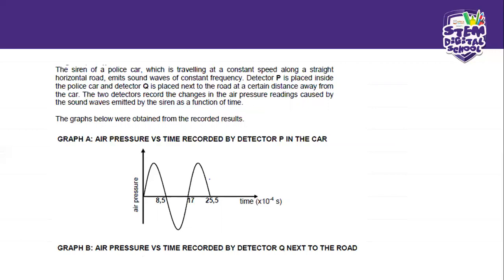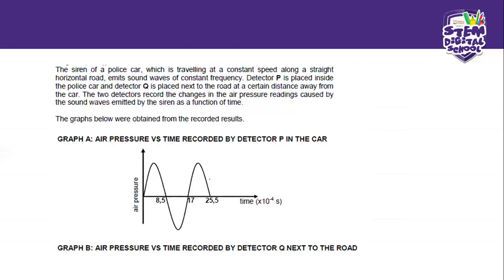It says the siren of a police car, which is traveling at a constant speed along a straight horizontal road, emits sound waves of constant frequency. Detector P is placed inside the police car, and detector Q is placed next to the road at a certain distance away from the car. The two detectors record the changes in the air pressure readings caused by the sound waves emitted by the siren as a function of time.